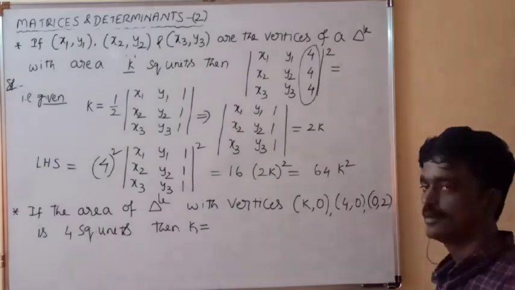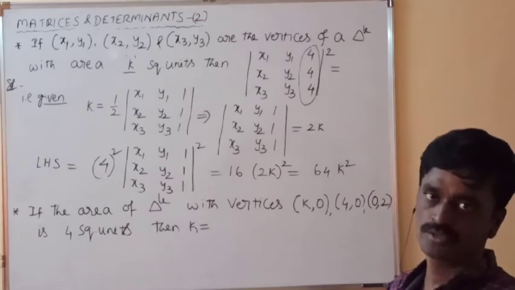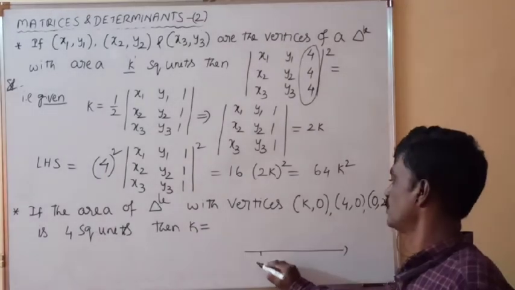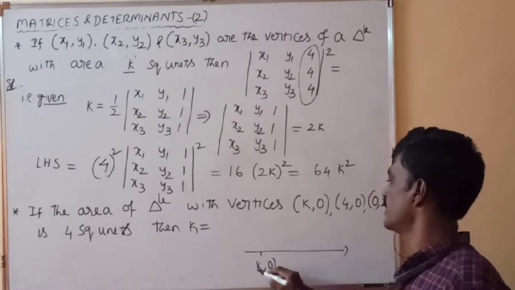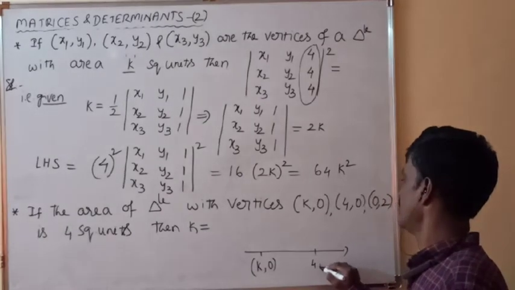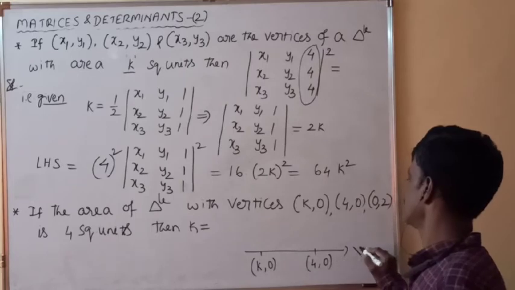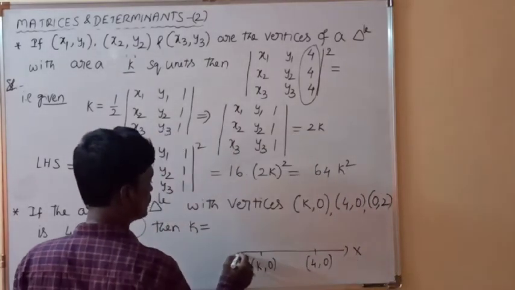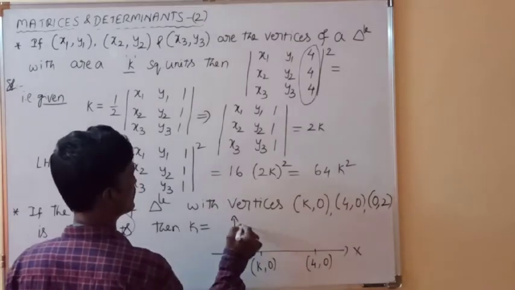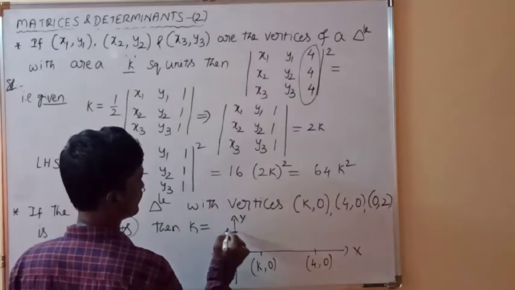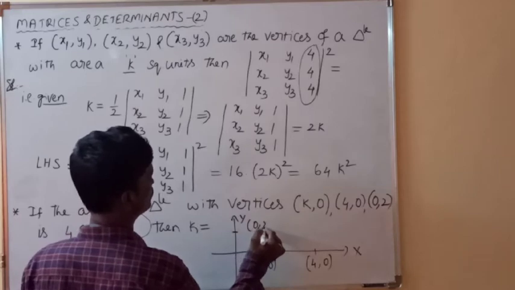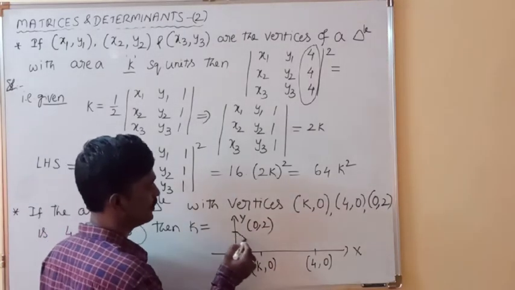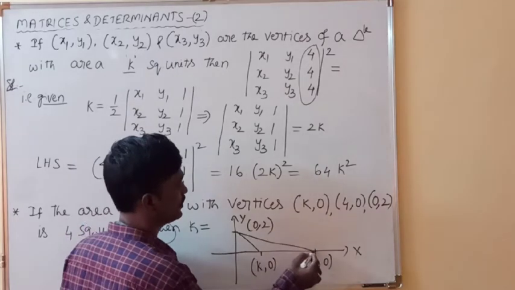So for this problem I am going to do one more approach. If you observe, (k, 0) and (4, 0) both lie on the x axis. Am I correct? Whereas the third point (0, 2) lies on the y axis. Then we have to find the area of the triangle formed by these 3 points.